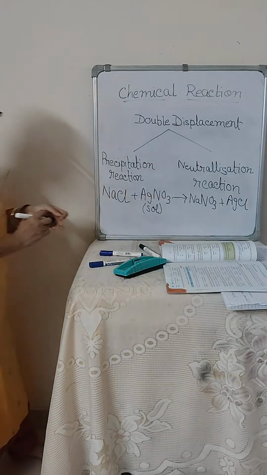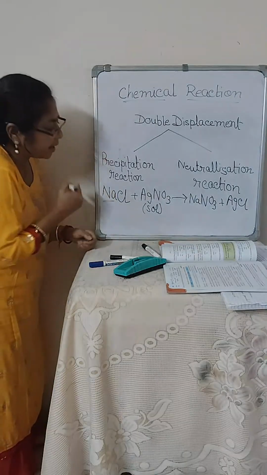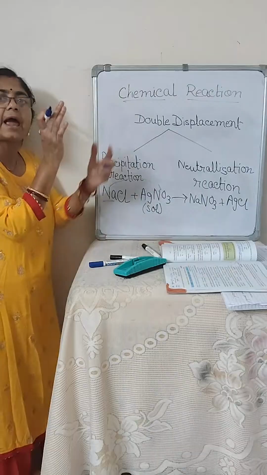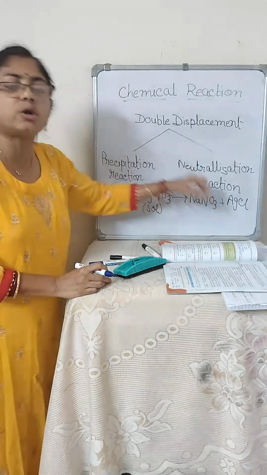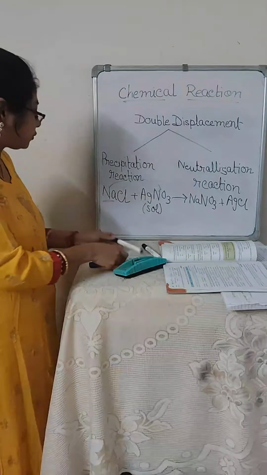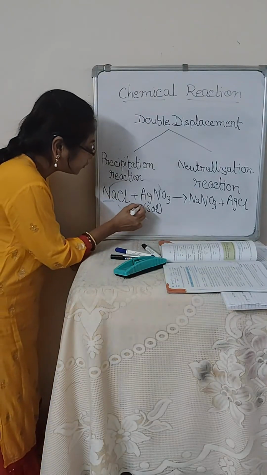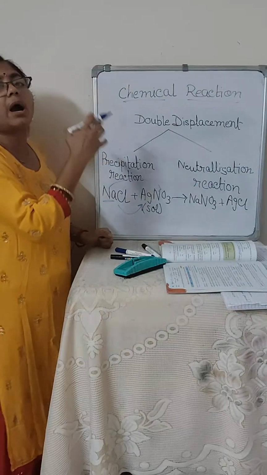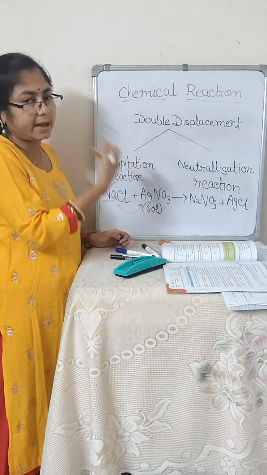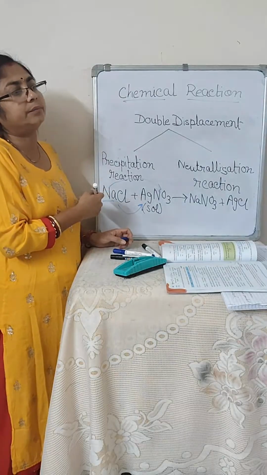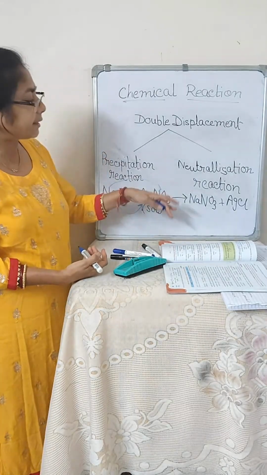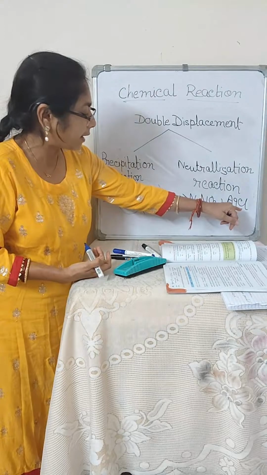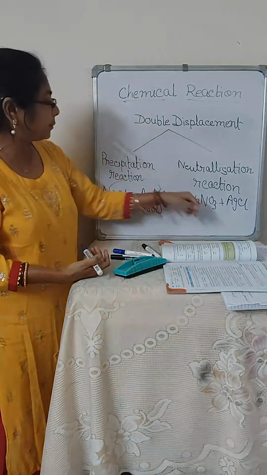Now look, there is sodium. Sodium reacts with nitrate and adds to form NaNO3. And this chlorine reacts with Ag and adds with Ag, so AgCl. Both compounds interchange themselves. They are radical parts, non-metal parts. So after this, they prepare two new products: silver chloride and sodium nitrate.